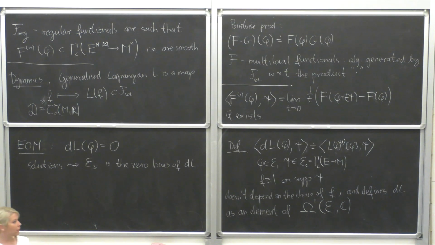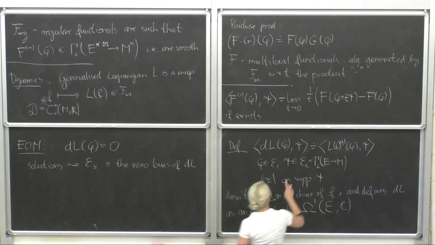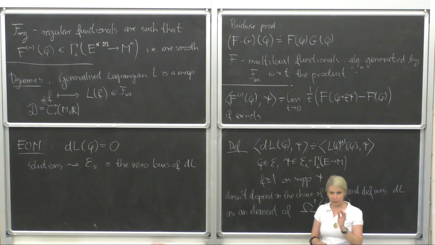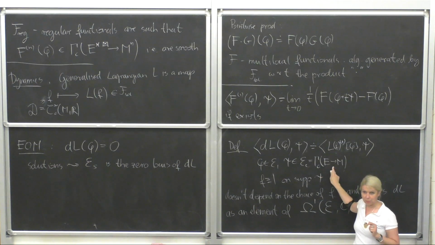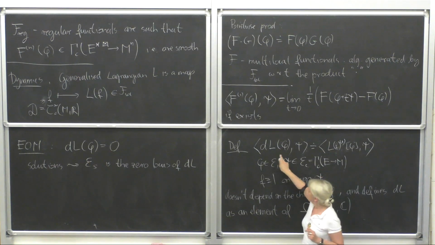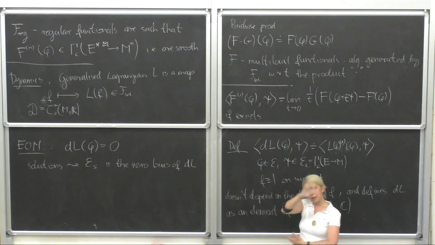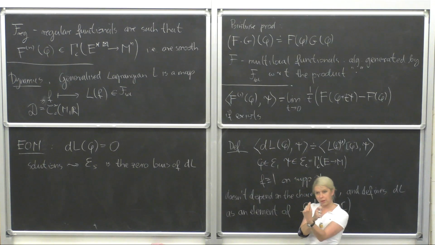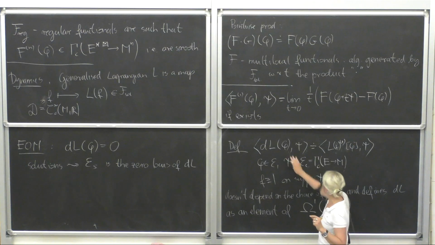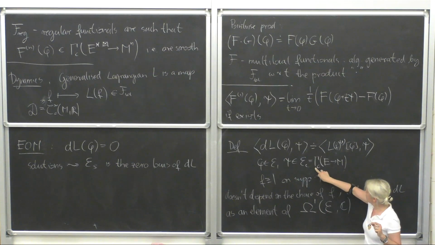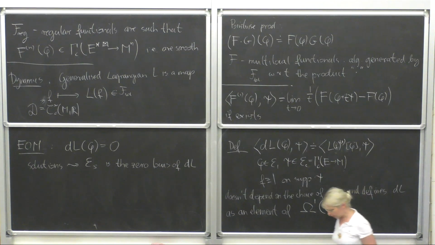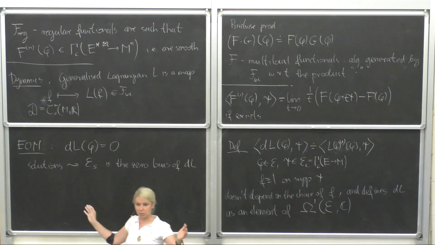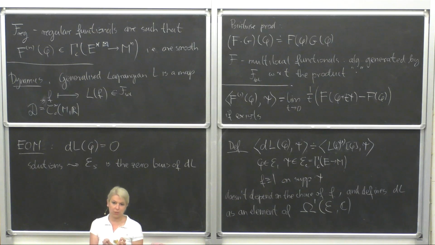So psi is compactly supported, so this is an element of the space of compactly supported sections. This defines dL of phi as something in the dual, as an element of E_C prime. You agree? E_C prime is the space of all distributions, not necessarily compactly supported.